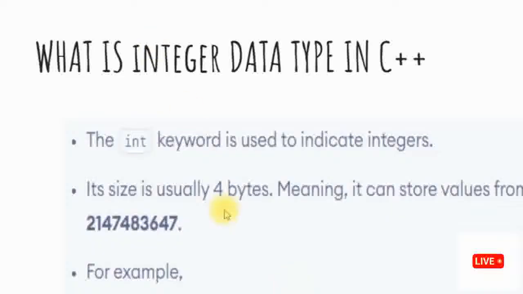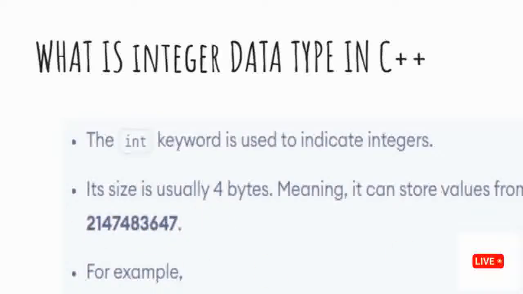Now the important thing is the size of the variable that you declare. You can make another integer type variable, let's say int xyz. The size for an integer type variable will be 4 bytes, meaning we can store values from negative of this number to 2147483647.